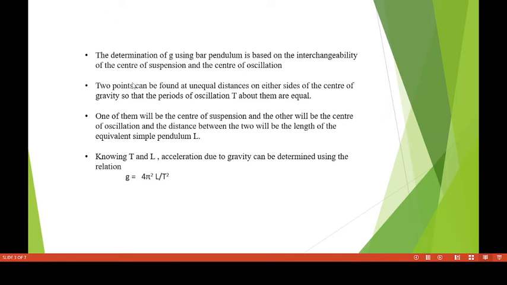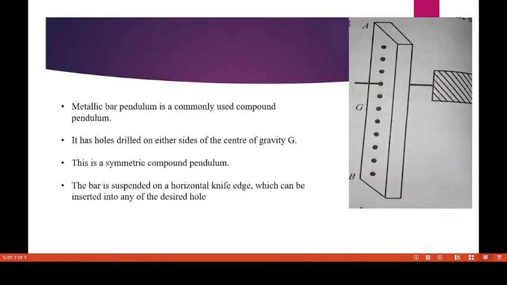The two points, the center of suspension and center of oscillation, can be found at unequal distances on either side of the center of gravity, so that the periods of oscillation T about them are equal. As we already know, these two points will have the same time period. In this figure, we have the center of gravity here.